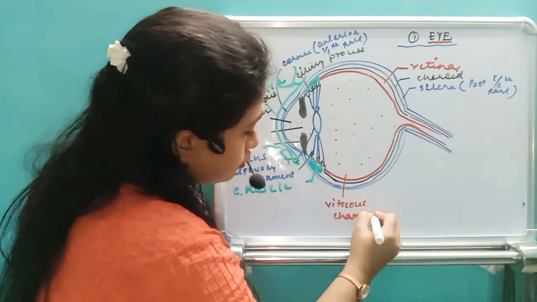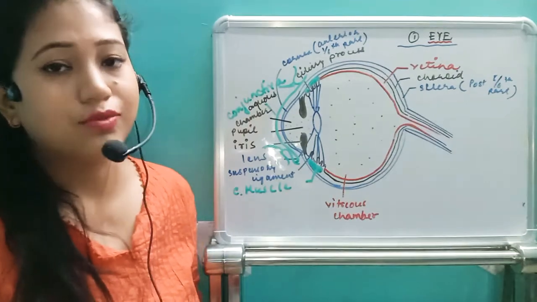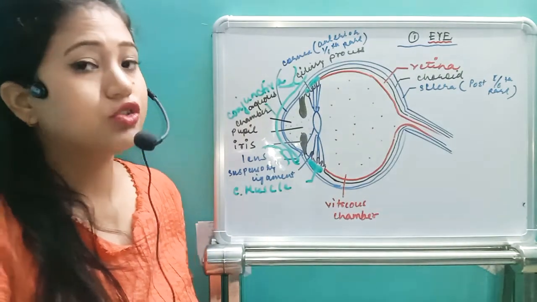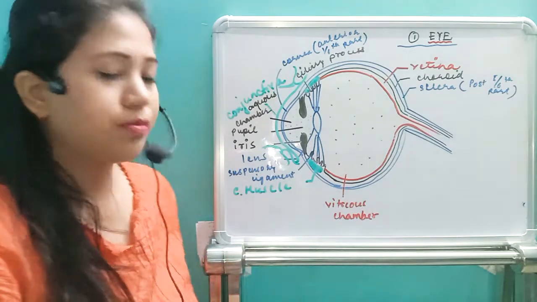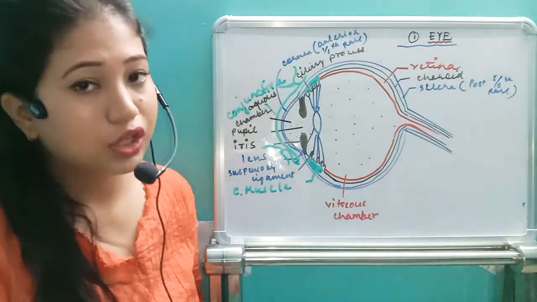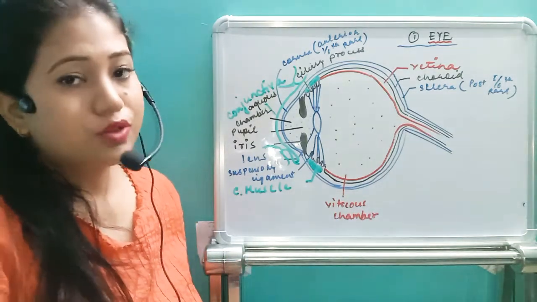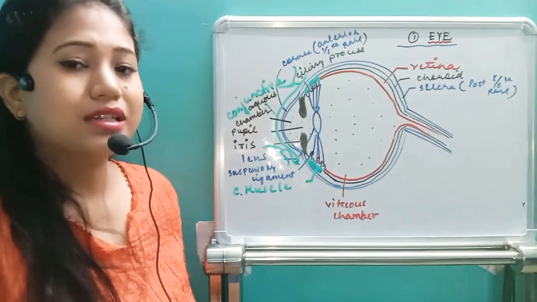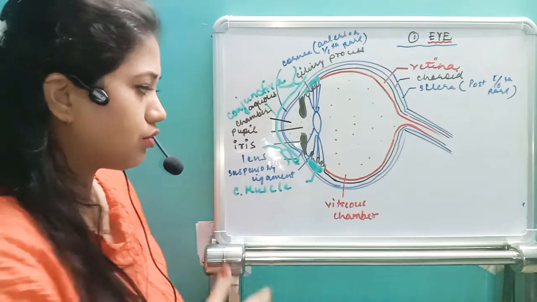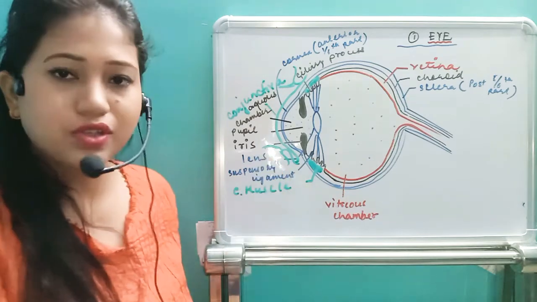Both these chambers are filled with two types of liquid. The aqueous chamber is filled with the aqueous humor, and the vitreous chamber is filled with the vitreous humor. The aqueous humor is transparent, and it is secreted by the ciliary processes here.